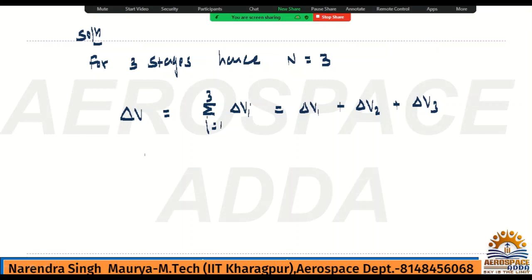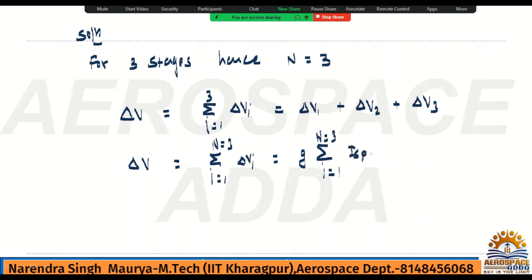Now the same formula we can write for delta V. I just broke this formula down: the sum from i equal to 1 to N, which is nothing but 3, of delta Vi. Because they have given us ISP, we will use ISP, with N equal to 3, and this is the ISP of stage i, and we know ln of m naught by mf.